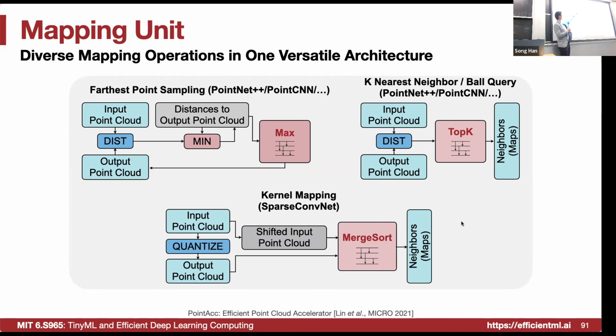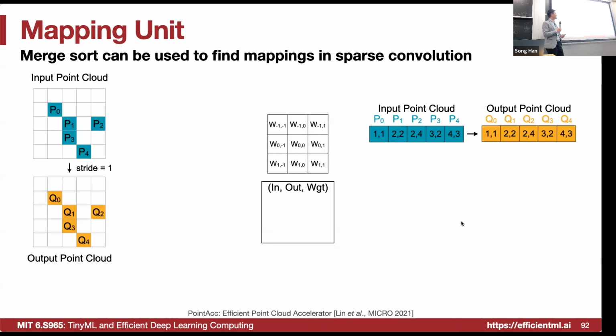The distance is defined as the mean among all the points, the smallest distance within the point cloud, and I'm trying to find the max of that. So here we are utilizing a sorting array to deal with that. The same sorting array can achieve the top k, for example using k nearest neighbor or those bulk query methods. And the same sorting array can also deal with the kernel mapping, which is the sparse component.